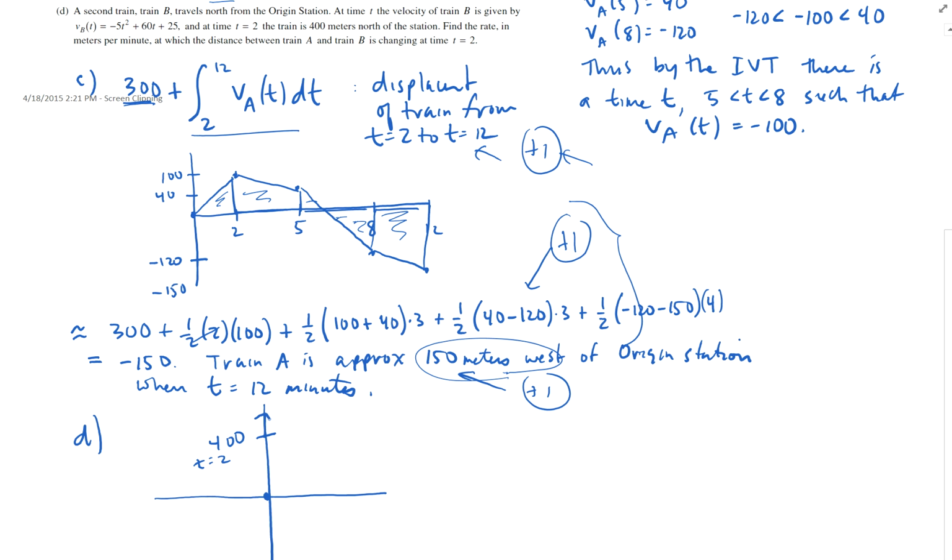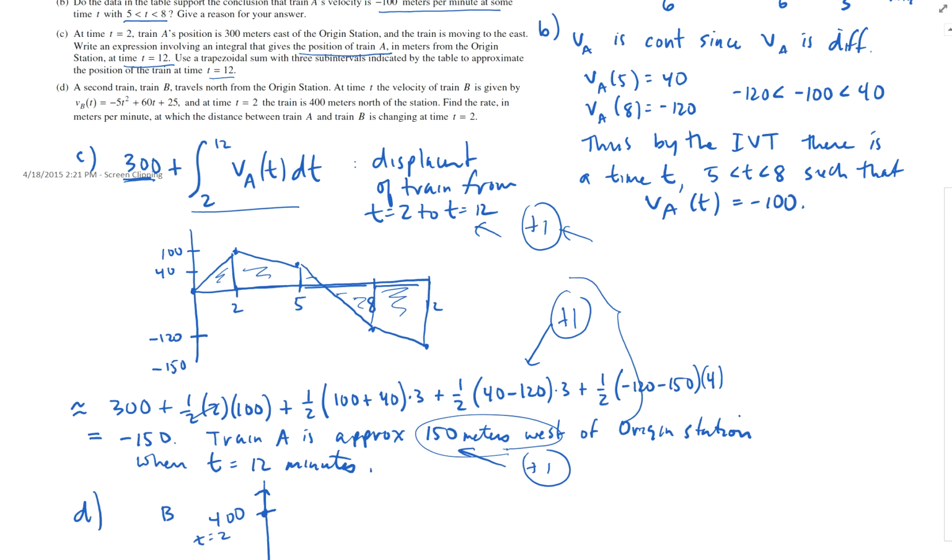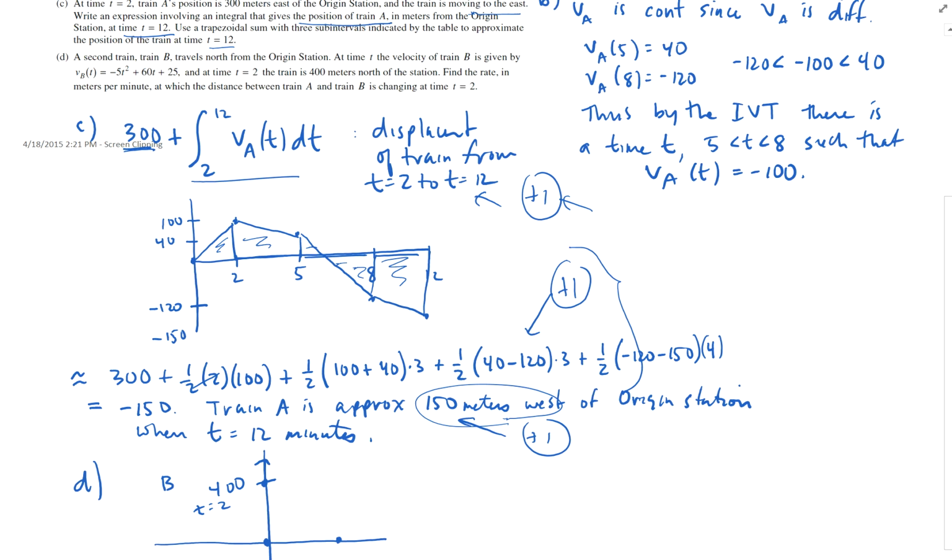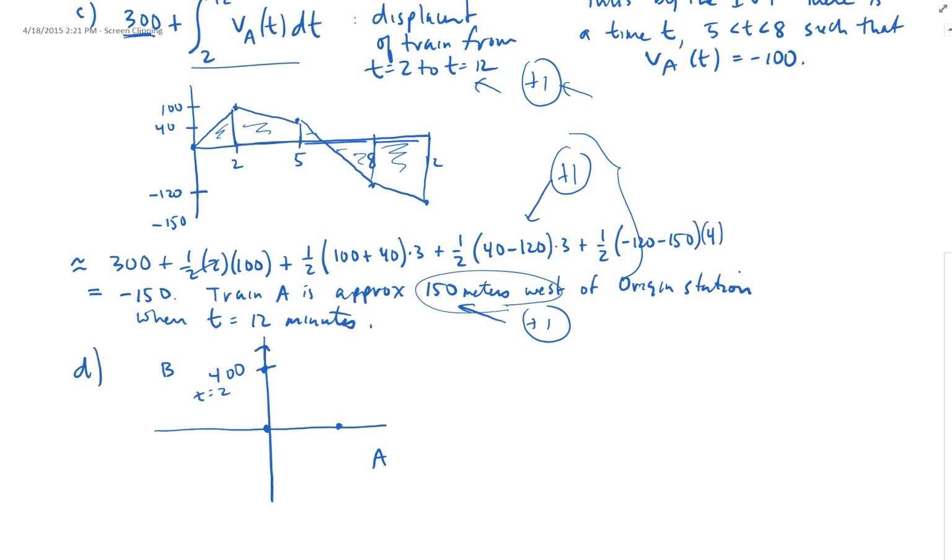It's going that way. And we have train A, this is B. Train A was heading which way at 2? Train A was positioned at 300 meters east, and it's moving to the east. So train A was moving this way, and it's 300 when t equals 2.